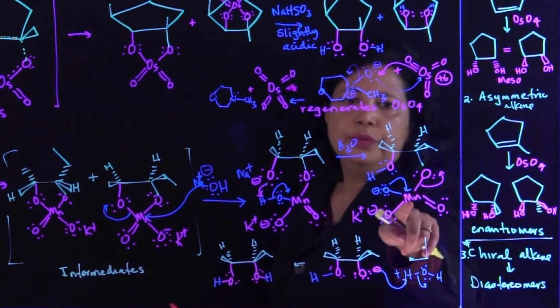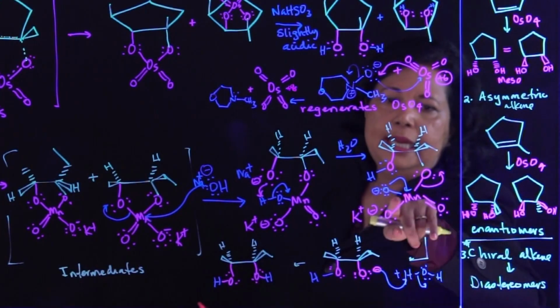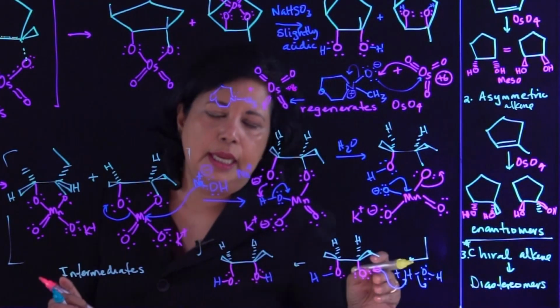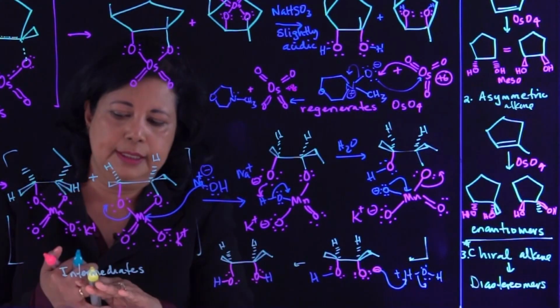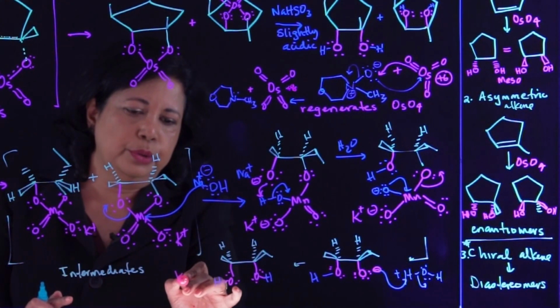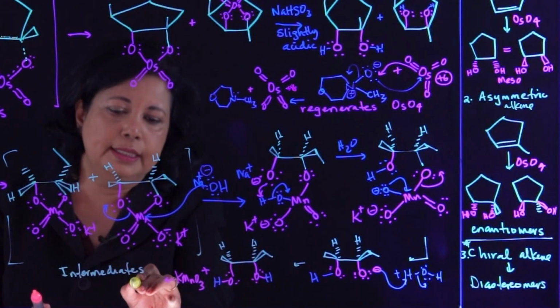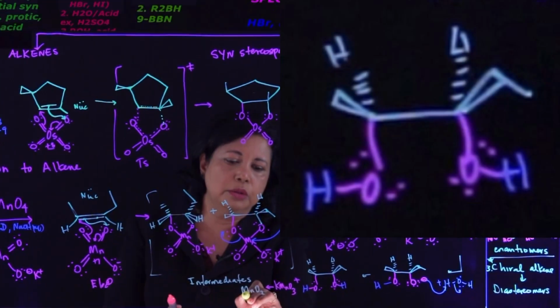Your KMnO4 is going to be first KMnO3 and then it falls off as MnO2 eventually. So that's kind of the story here. KMnO3 then falls off as MnO2, a brown solid.